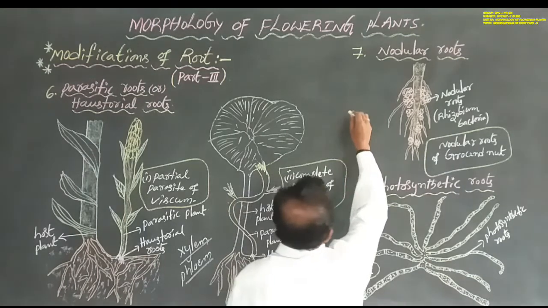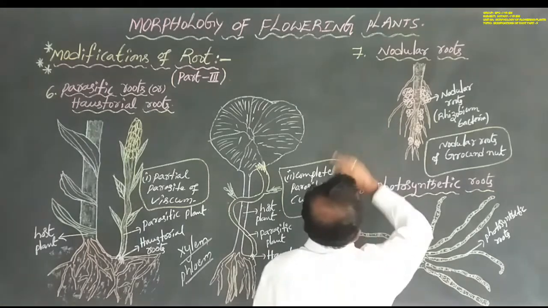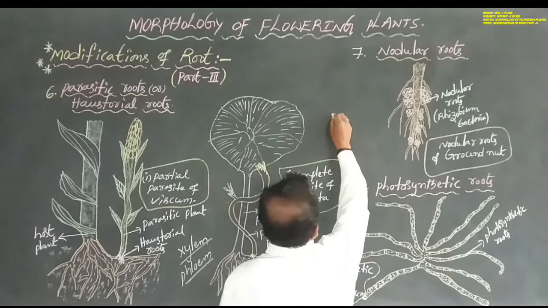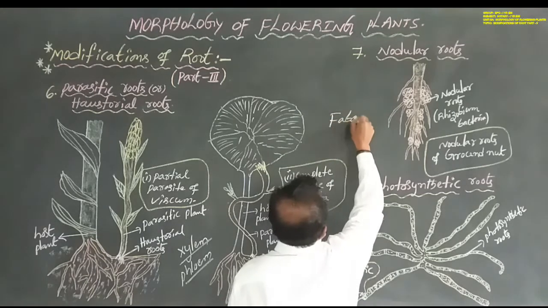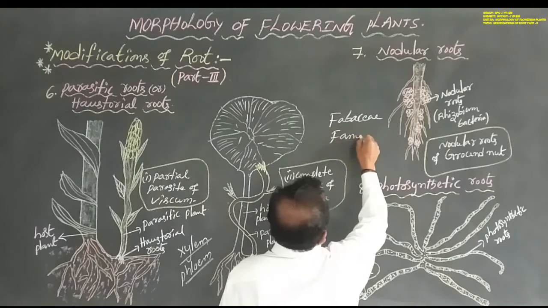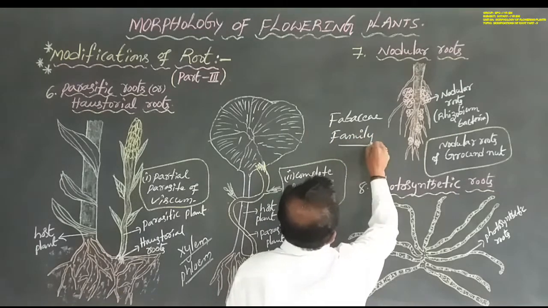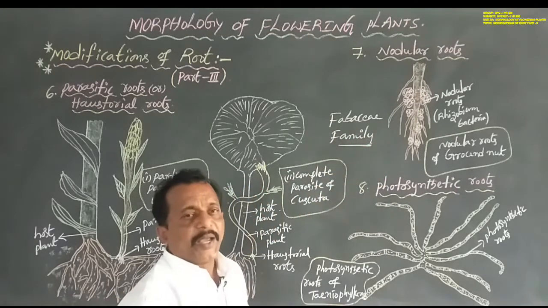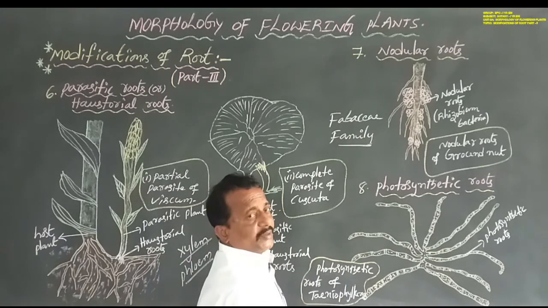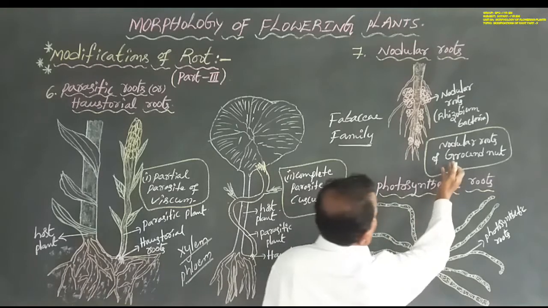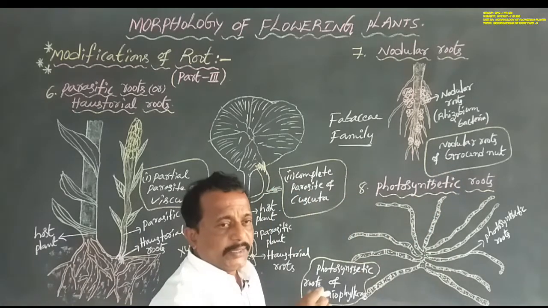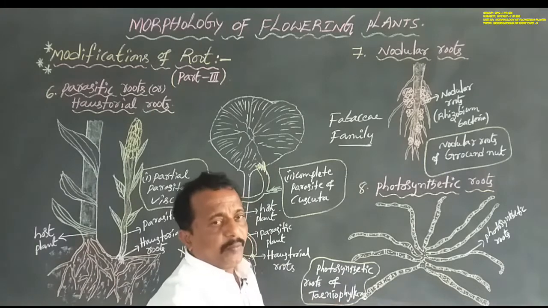Next, the seventh type of root modification, that is nodular roots, especially in Fabaceae family members. Examples here are groundnut, soya bean, and gram plants.